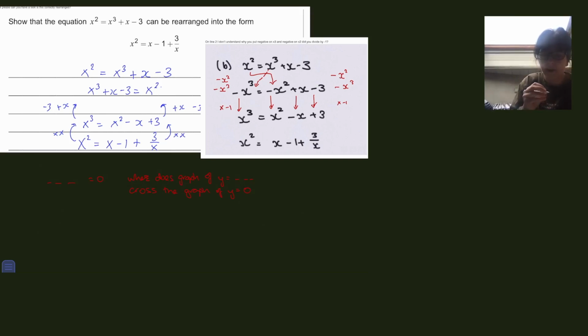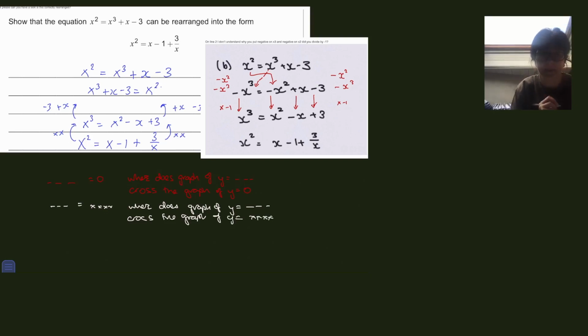So let's say then we move some things from side to side. So we have now some stuff here equals some different stuff here. Now we have an equation that says, where does the graph of the left hand side cross the graph of the right hand side? Y equals blah blah blah blah blah.